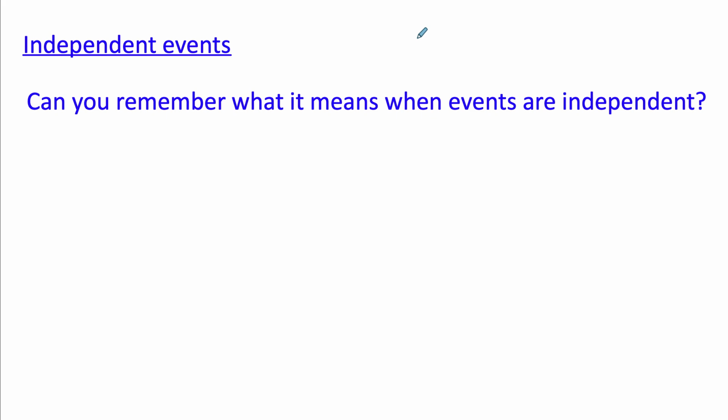And I mentioned that there was a formula to go with that, and there is, and that's that if events are independent, so this only works when events are independent, the probability of both events occurring, so the probability of A and B occurring, or A intersect B, we can now write, is equal to the probability of the first event occurring times by the probability of the second event occurring.